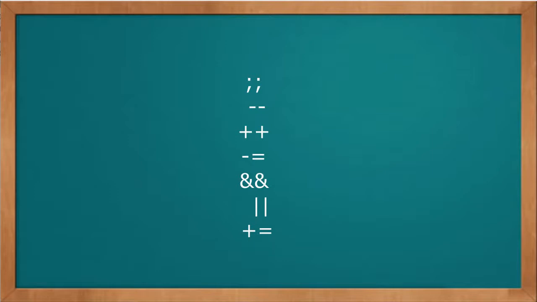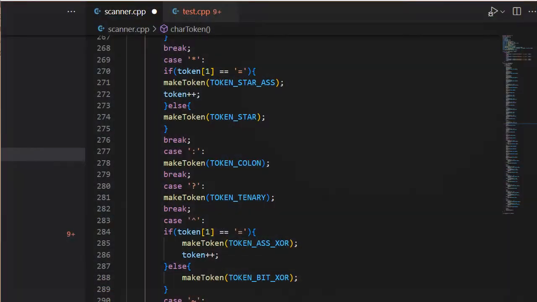Double hyphen, that is double minus sign, which represents the decrement operator or token subself. Double plus sign, which represents the increment operator or token add self. Then minus and equal sign, double and sign, double or sign, and the plus and equal sign. So all these are instances of tokens that consist of multiple characters, that is double characters.